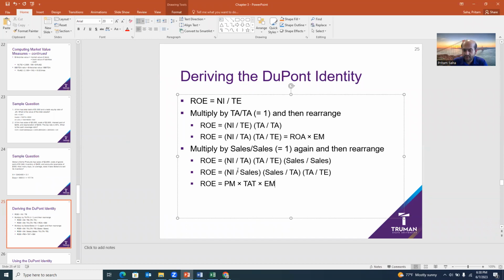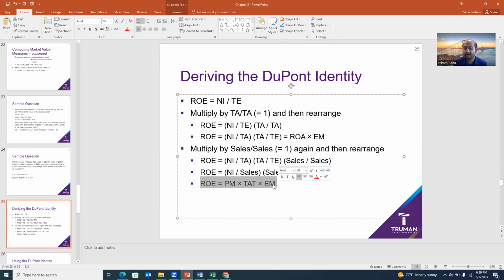Now, what we're trying to do, rearranging again, because this is a 1. Anything multiplied with 1 is the same thing. Rearrange, what is that? Net profit margin or profit margin. What is that? Total asset turnover. What is that? Equity multiplier. You can think that we extended return on equity is a function of profit margin, total asset turnover, equity multiplier.